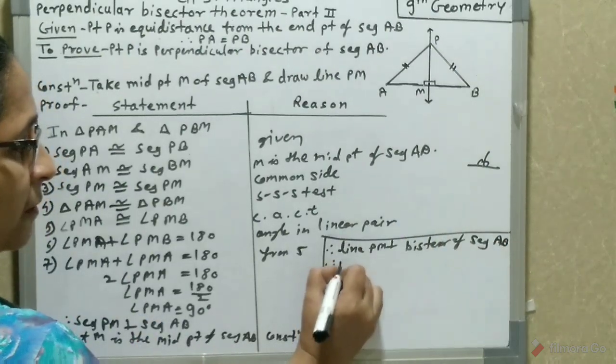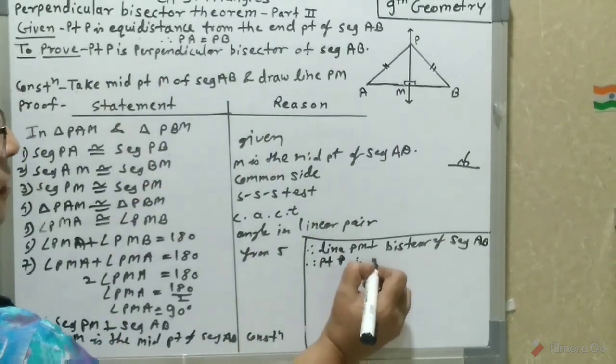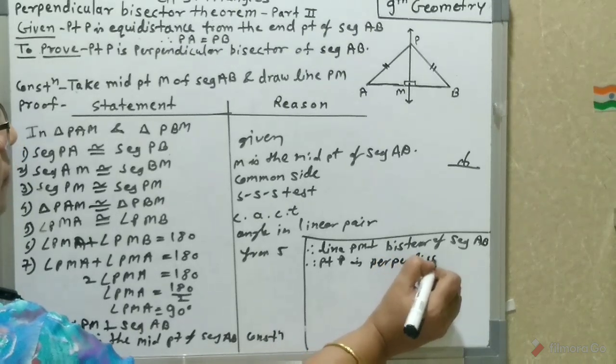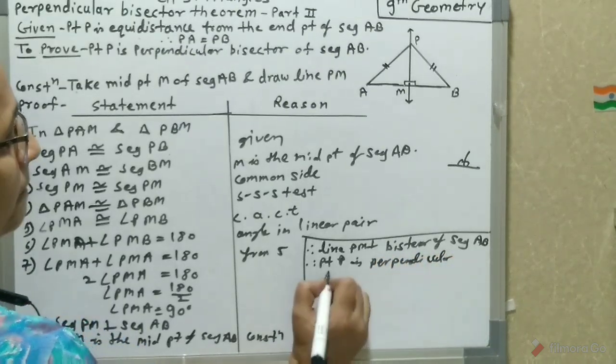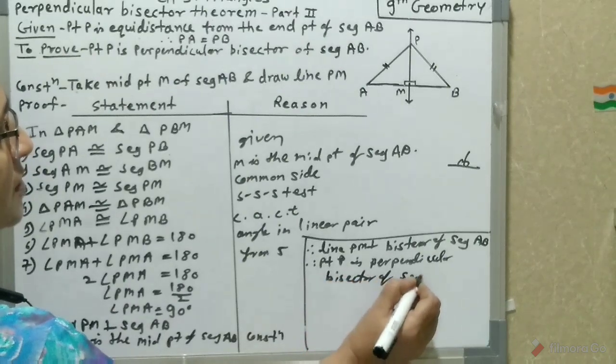So therefore point P, last statement, our point P is on the perpendicular bisector of segment AB.